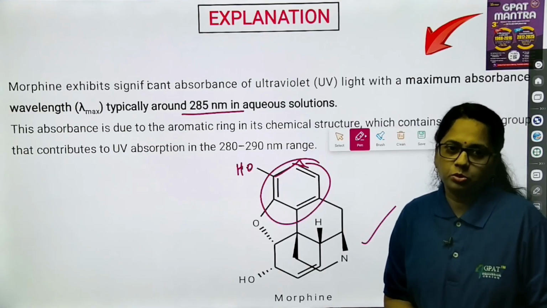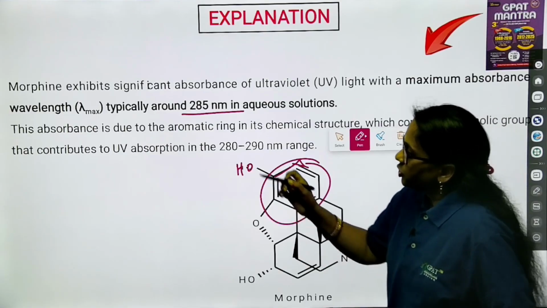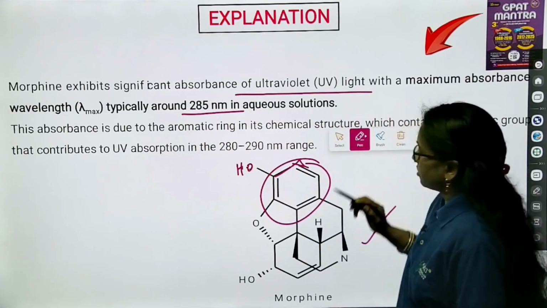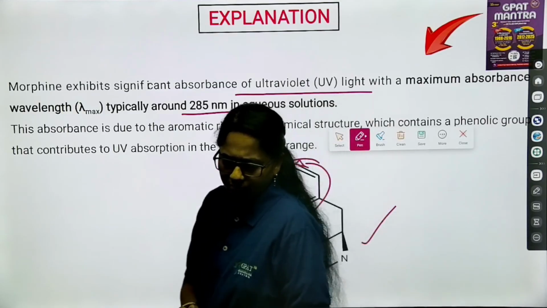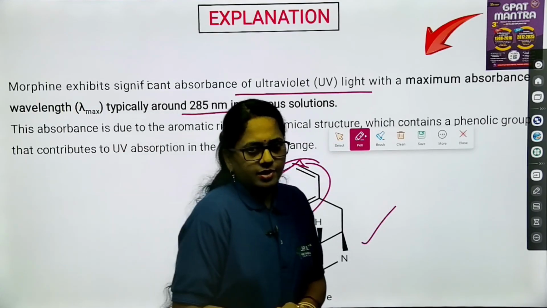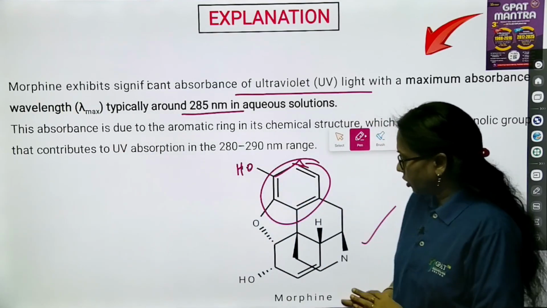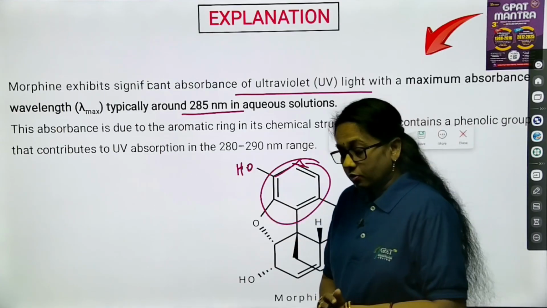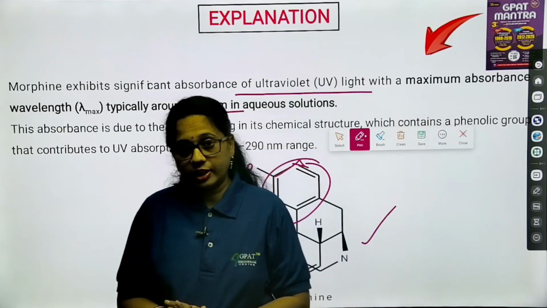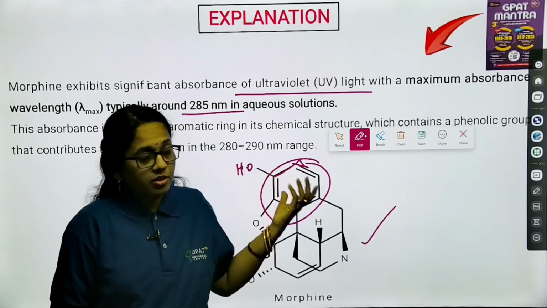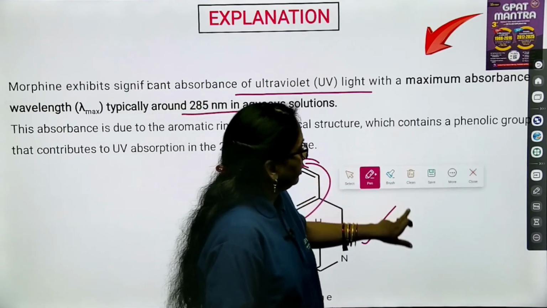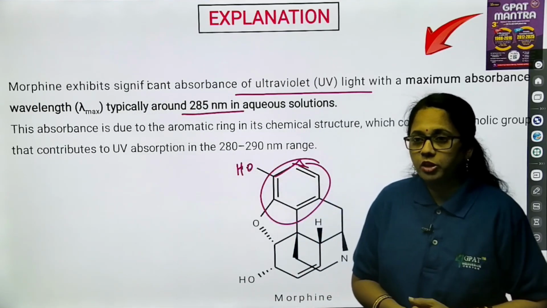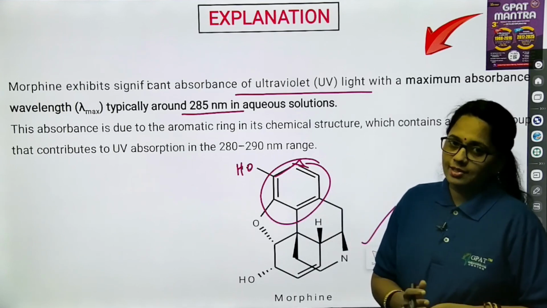285 nanometer. Generally morphine exhibits this UV light absorption because it is an unsaturated molecule and it has a chromophore. But with calculation, whenever GPAT questions are related to the Woodward-Fieser rule, we are going to see conjugations which are less than 4.